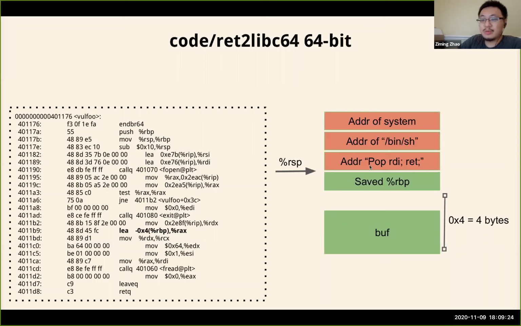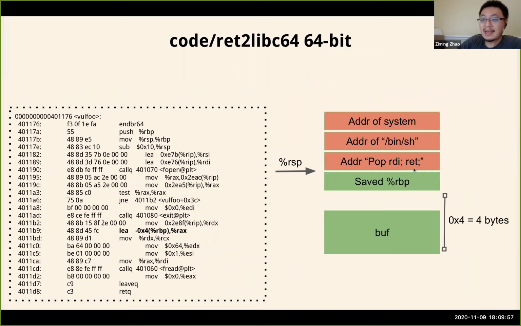So the next time we run pop RDI, we're going to pop whatever is here into RDI and set the first argument to the address of bin sh. After that pop, the next instruction we are going to execute is return again. At this time, the RSP already points to here when we have the return, and that is where we put the address of system.